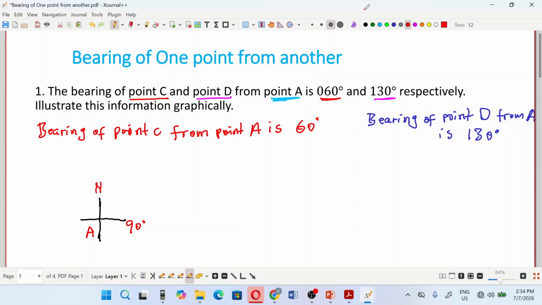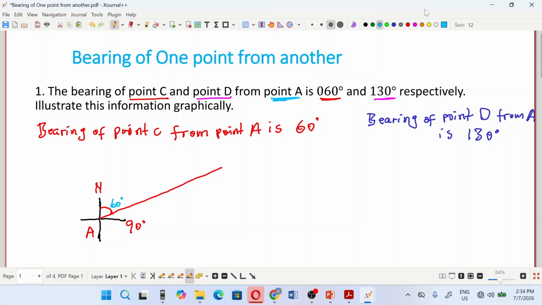I want 60 degrees. So in the first quadrant, it has to be more than half of it. So I'm going to assume that this is supposed to be my 90 degrees. And 60 degrees, so this angle is going to be my 60 degrees.